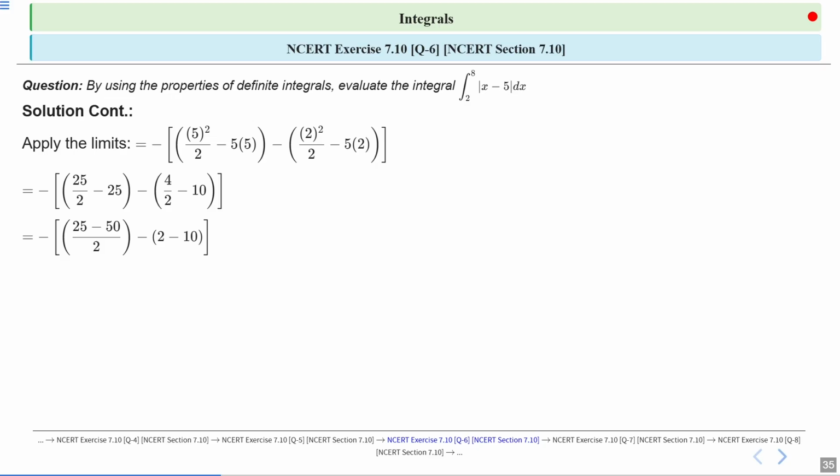So just do the simple calculation. The value of the first integral is 9 by 2.